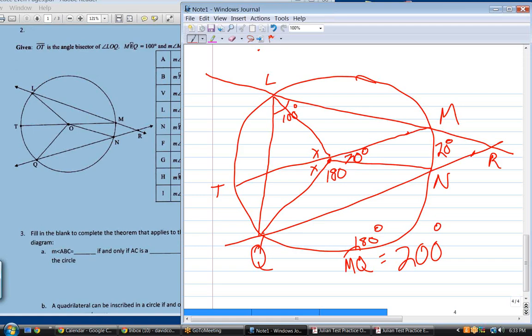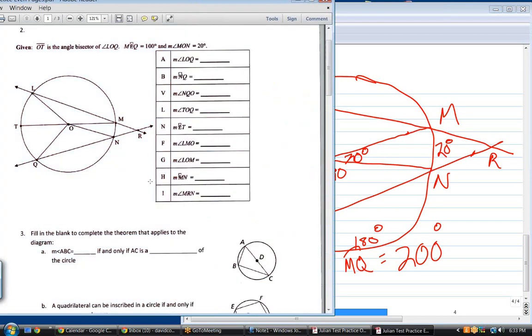Now, let's see. What else do they want? I'm still questioning this MLQ here. That's weird. Well, it's not only weird, but it doesn't fit the diagram. Notice that if I draw a line from L to Q, that angle is less than a right angle. It's not 100 degrees.